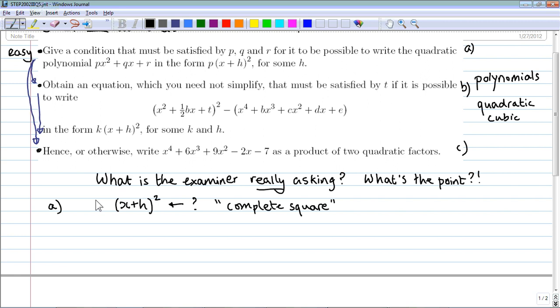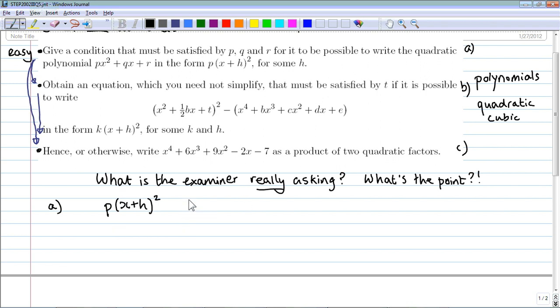But (x plus h) squared is a complete square, and it must be positive. So what kind of function is this complete square function? How does this relate to what you already know about quadratics?